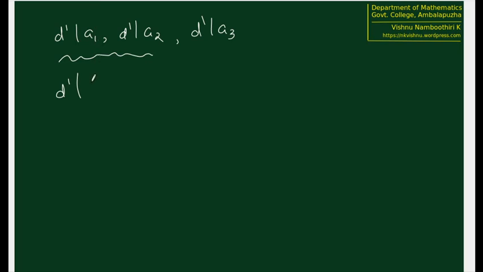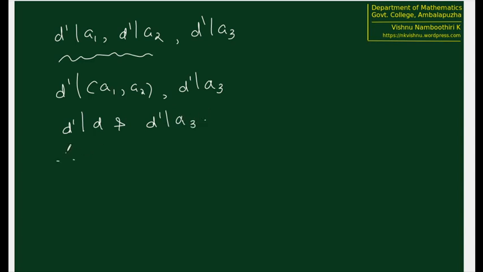D dash divides A1 and A2. By the alternate definition of GCD, we have seen that a common divisor will divide the GCD. Therefore, D dash divides the GCD of A1 and A2. What is the GCD of A1 and A2? This is D, and D dash divides A3.